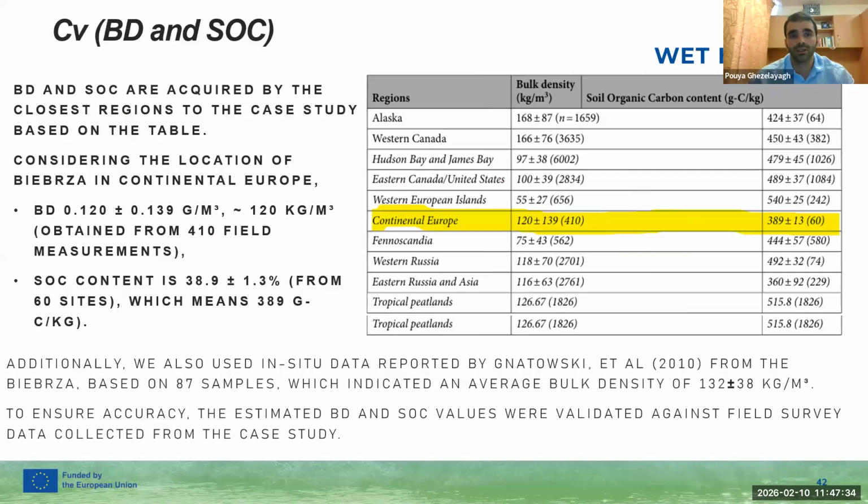And for bulk density and soil organic carbon content, considering the location of Beaver Valley, which is located in continental Europe, we assigned these two values. So we chose 120 for bulk density and about 39% for soil organic carbon content.